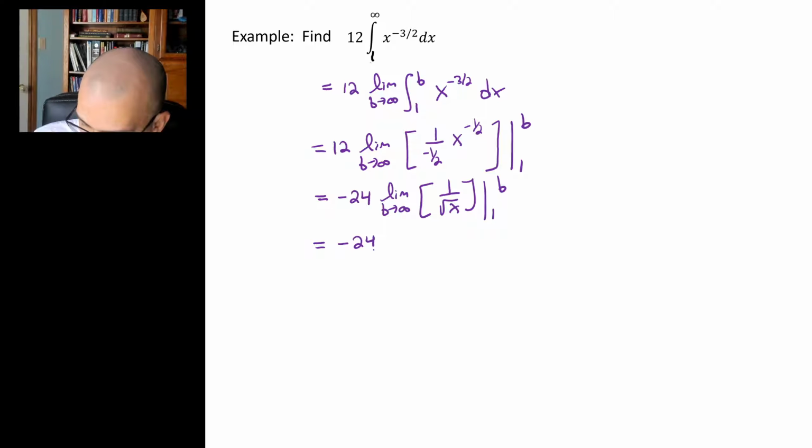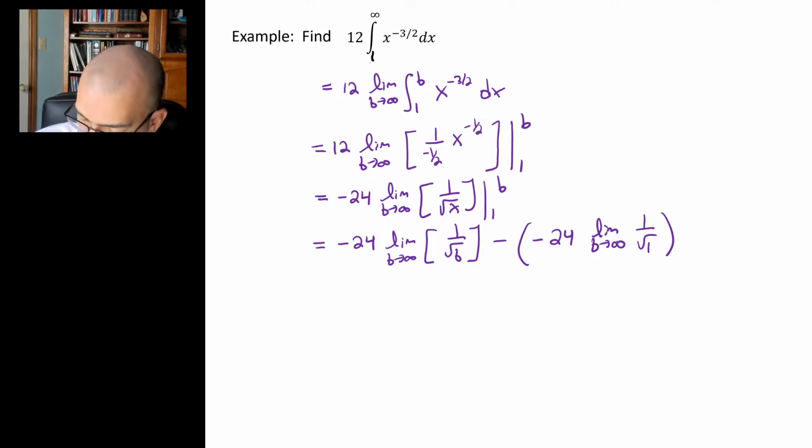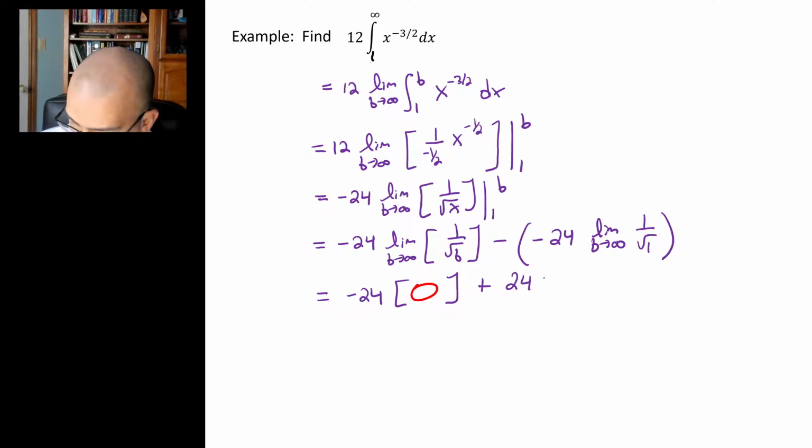So a negative 24 times the limit as b approaches infinity of 1 over the square root of b, minus negative 24 times the limit as b approaches infinity of 1 over the square root of 1. So we get negative 24 times 0 plus 24 times 1. So we get 24 as our answer.